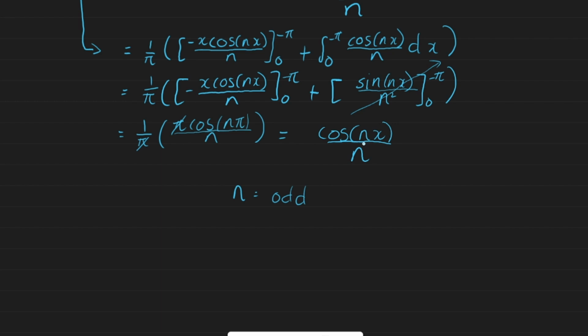So if n is odd, we're going to have cos of pi, then cos of 3 pi, cos of 5 pi.